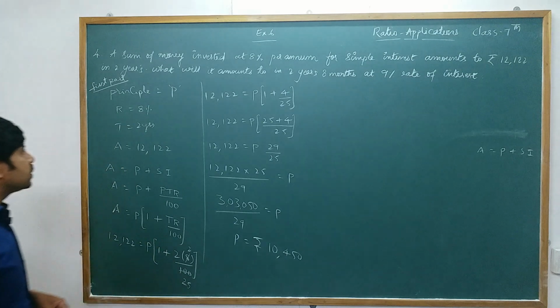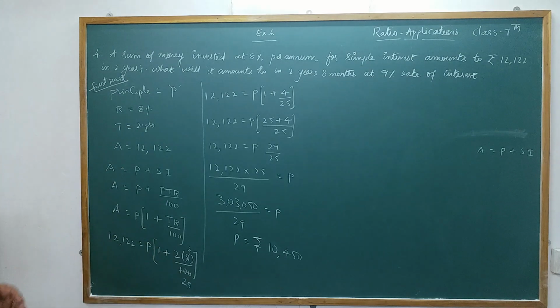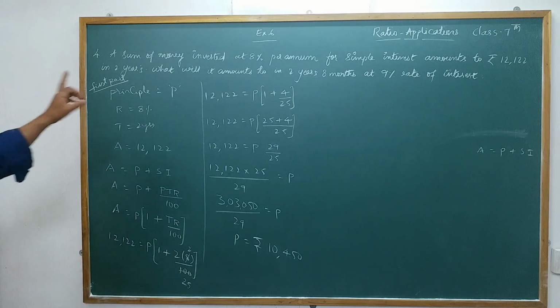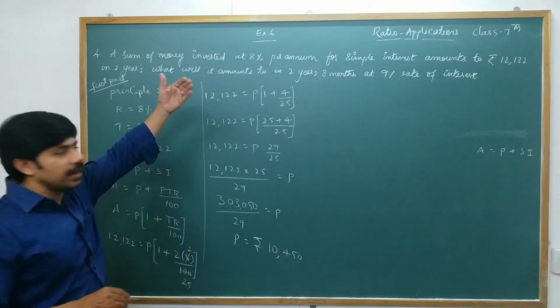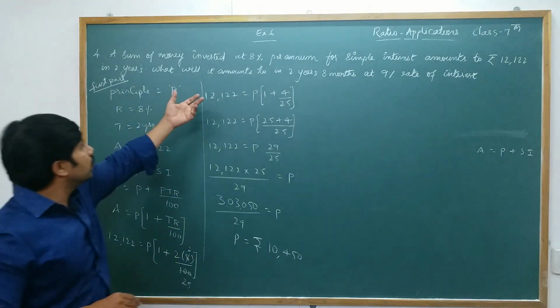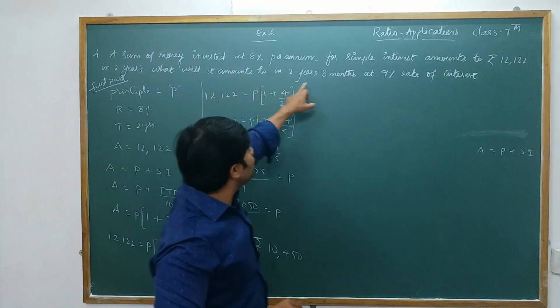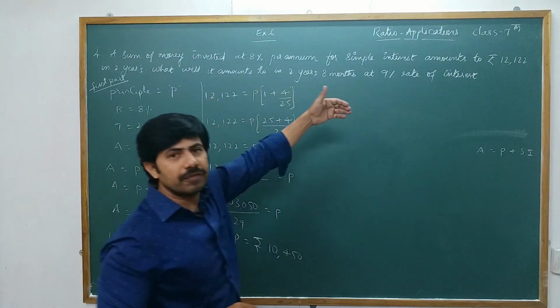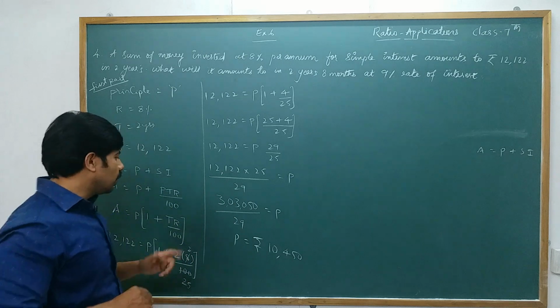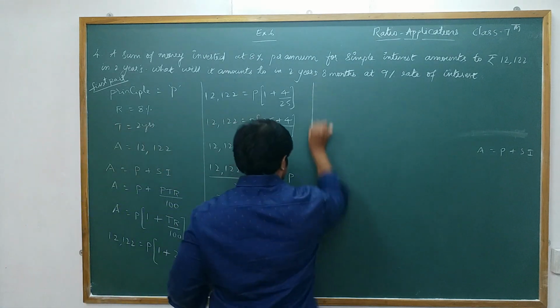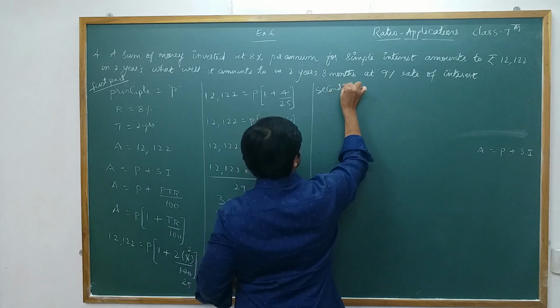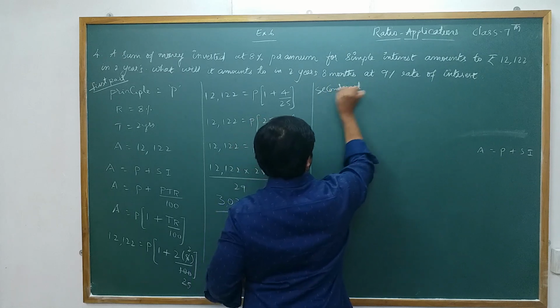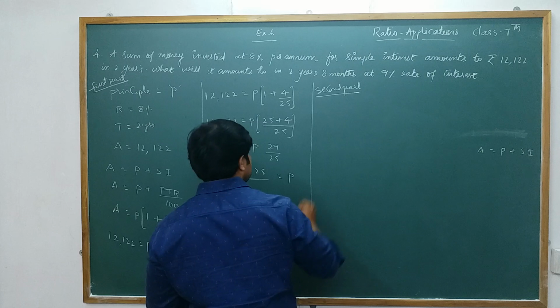Now after getting this first part, we got the principal. The same principal has been invested again, and now we have to find out the amount in 2 years 8 months at a rate of 9% per annum. So now in the second part, this is the principal now.